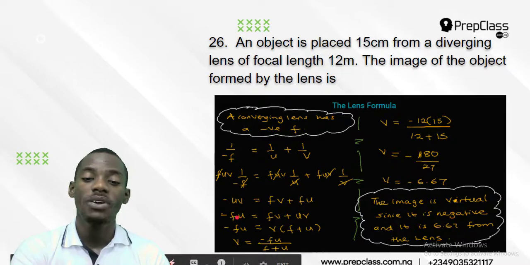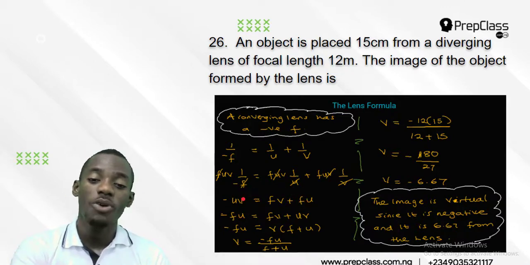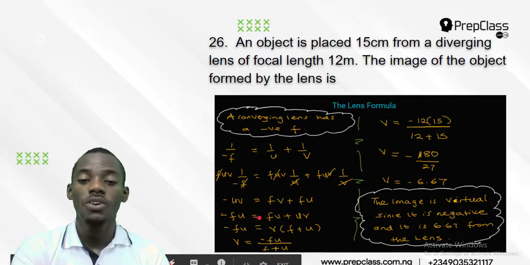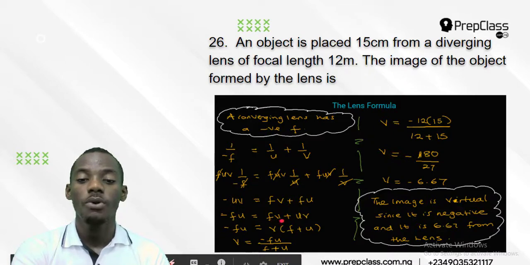That will become minus FU because it has moved from the right hand side to the left hand side. Minus FU equals FV plus UV. Plus, because the minus UV, when it jumps to this side, changes from minus to plus.